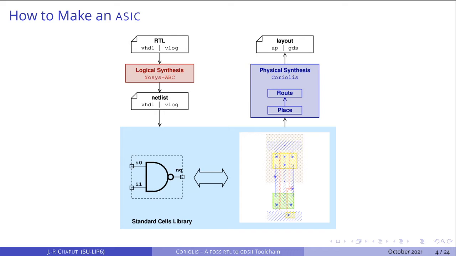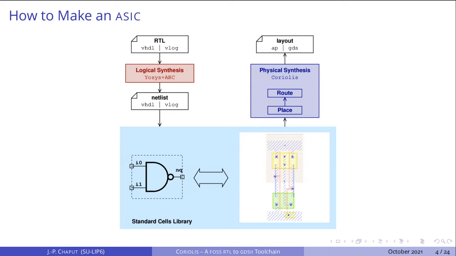What we do is logical synthesis on the left-hand side, which breaks the logical equations into logic gates, which are 1-bit elements, like for example the NAND2 gate, which is represented in the blue background, and which have a layout equivalent. The basic idea is to break things down into elements that have a layout equivalent.